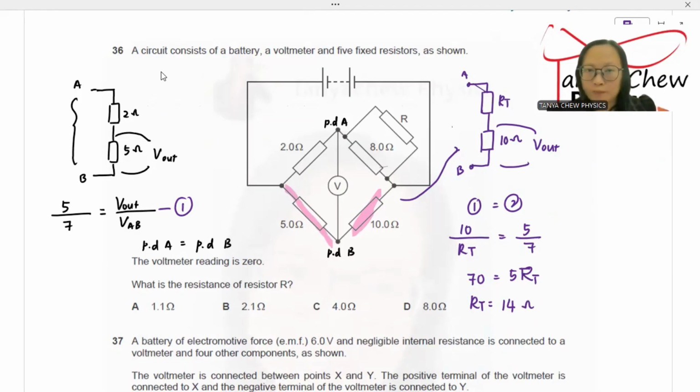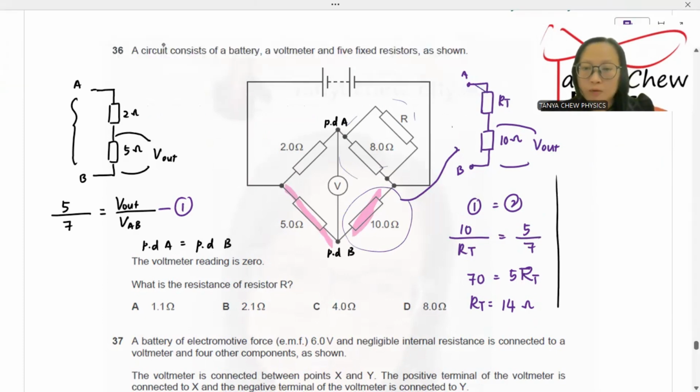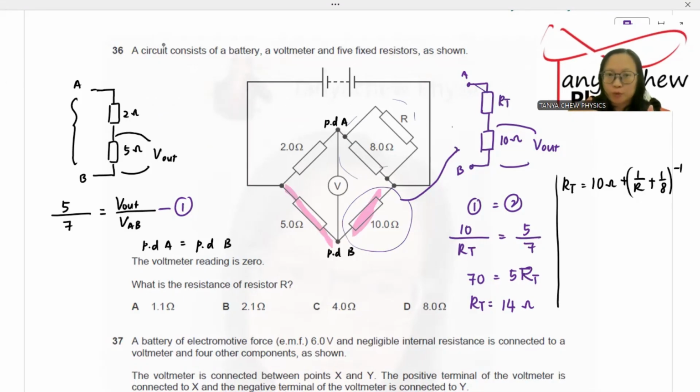So 14 ohm is the R total of the 10 ohm plus the total resistance here. Now, R total is equal to 10 ohm plus 1 over R plus 1 over 8 inverted, the total resistance of the 8 ohm and R, because 8 ohm and R are connected in parallel.